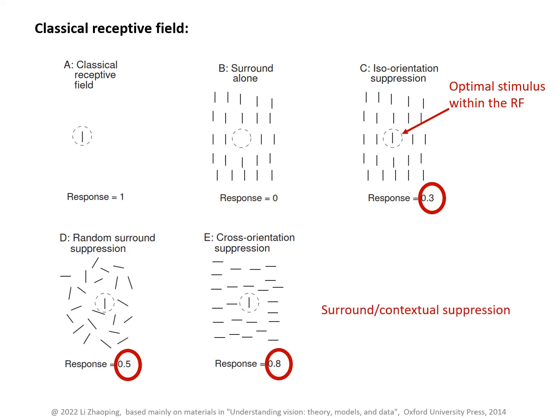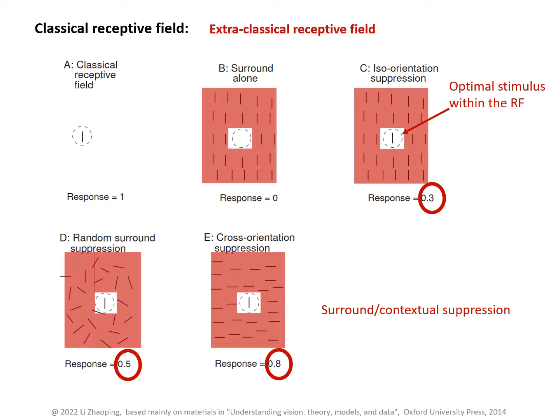Such suppression of neural responses by visual inputs outside the receptive field is called surround suppression or contextual suppression. Because by definition, visual inputs outside the classical receptive field should not affect neural responses, these regions are called the extra-classical receptive field.